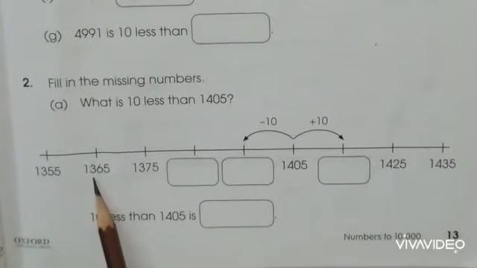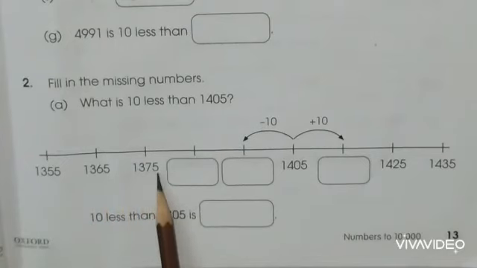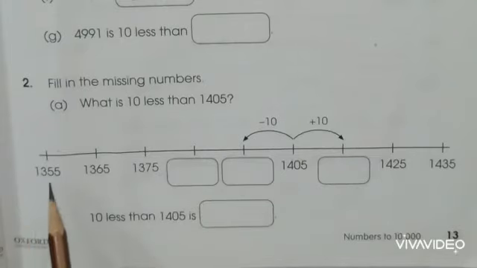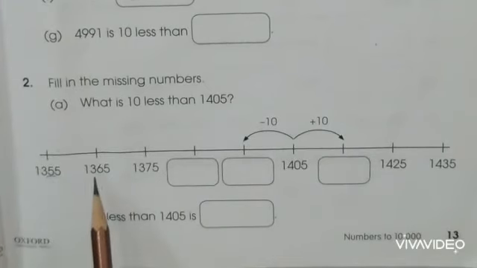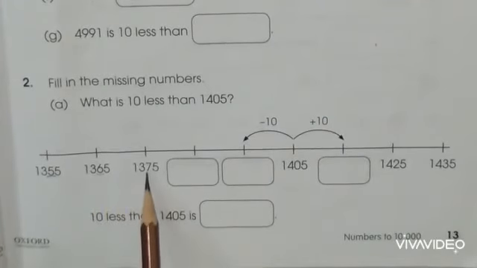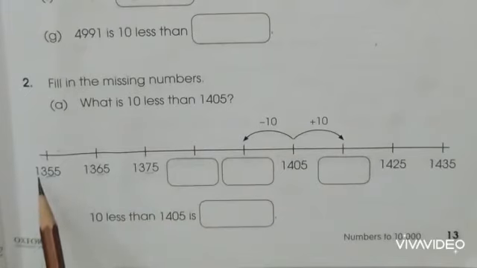The next is 1365, then 1375. Then comes a blank. You can see that the difference is in the column of tens only. All other columns remain unchanged. It means that the numbers in the column of thousands, hundreds and ones will remain the same.